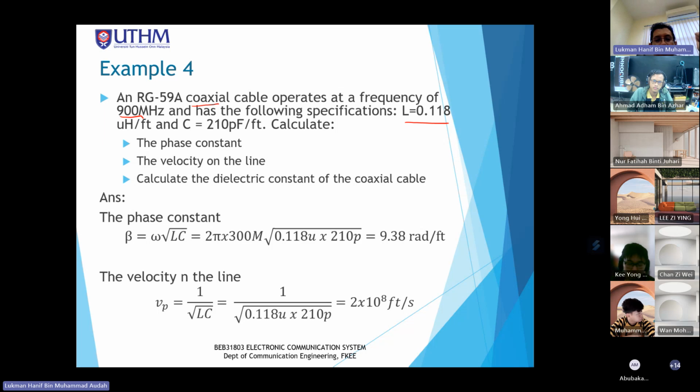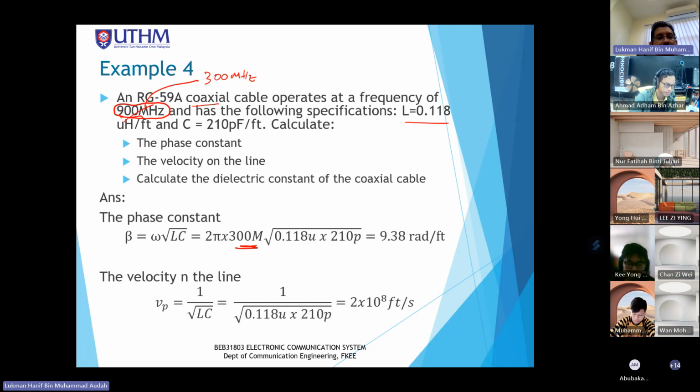Calculate the following. I suggest that you change the frequency over here to 300 megahertz. Why? Because the answer is given in terms of 300 megahertz, so change the question so that it is in line with the answer. So use 300 megahertz as the frequency.